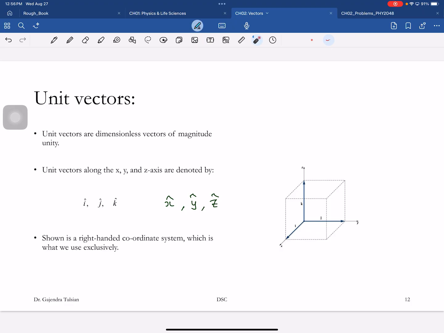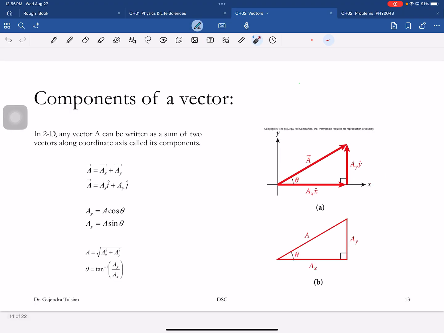If you turn a screw from the x to the y-axis, which way will the screw move? Toward the z-axis. So there's the right-handed coordinate system. Those are the unit vectors i, j, and k.